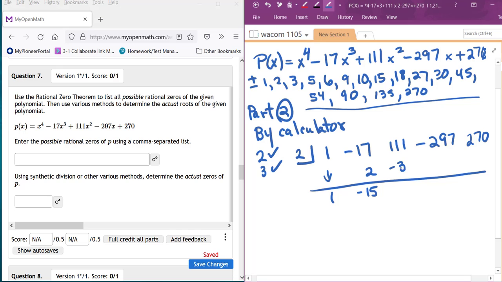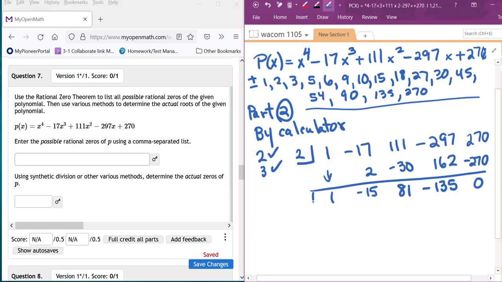This gives us negative 30. So 11 minus 30 gives us negative 19... then 81 times 2 gives 162. This gives us negative 135, times 2 gives us negative 270, which gives us 0. We expect that because this is a zero.